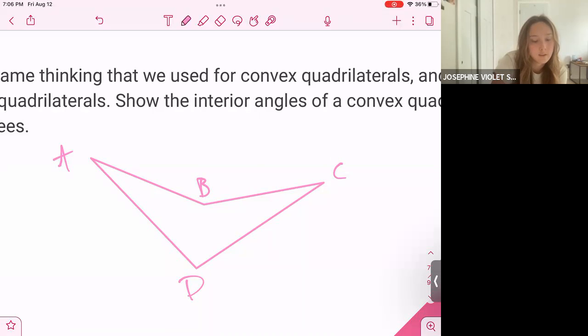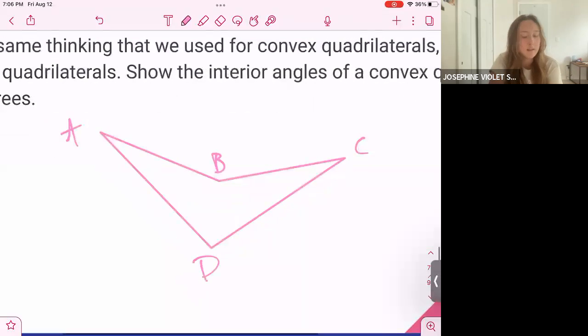Triangles are like the key to solving literally everything in geometry. They're so nice. The way to prove that the interior angles of a convex quadrilateral add to 360 is we could draw a line right here from B to D and say now we have two triangles. Both have 180 degrees, and then the sum of them would be 360 degrees.